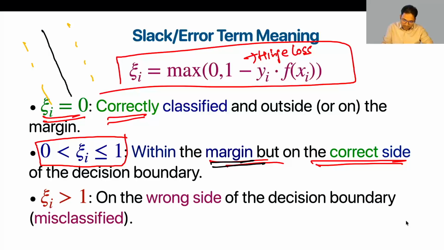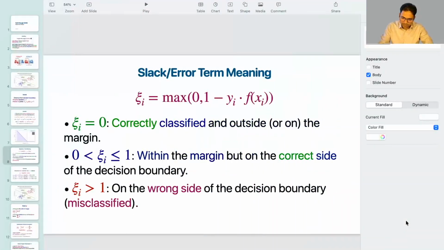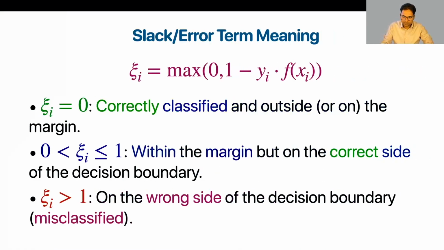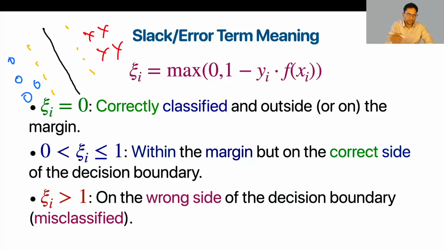Let me redraw. This is your decision boundary, this is your margin, this is your red zone, and this is your blue zone. Say a blue point comes here or a red point is here.